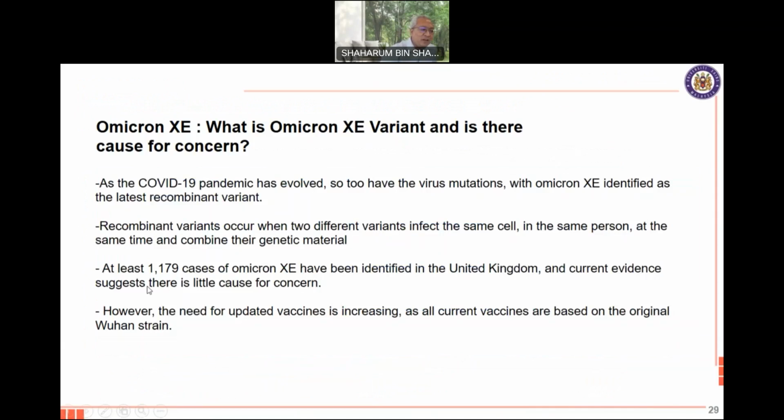They have reported 1,179 cases of Omicron XC in the United Kingdom, and the current evidence suggests there is little cause for concern. Luckily, it is not as severe as what they used to have before. However, scientists and doctors are still monitoring this sublineage. Hopefully it will not evolve into a worse kind of variant.